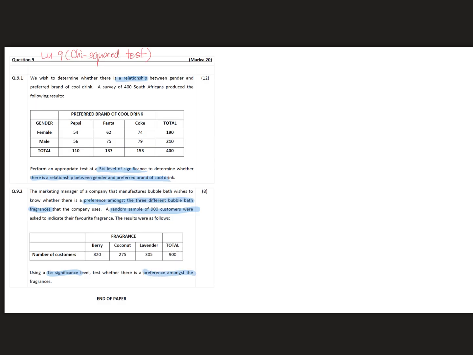So here exactly the same steps are followed. Start off with your null and alternate hypotheses being written out in words. So the null hypothesis will say, remember they're looking at whether there is a preference amongst the fragrances. So your null will now say that there is no preference amongst the fragrances.